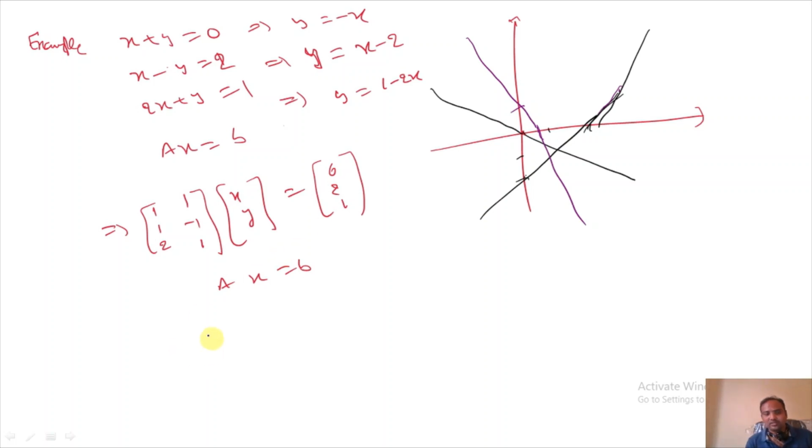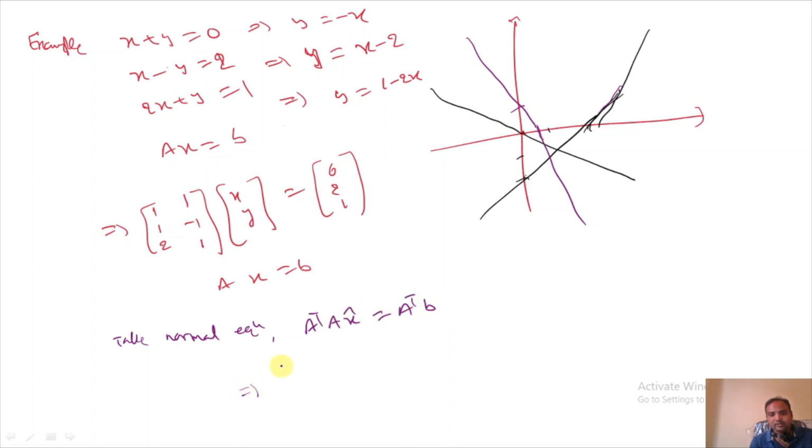Now how to find the solution? Take the normal equation. Normal equation means A transpose A x hat equals A transpose b.